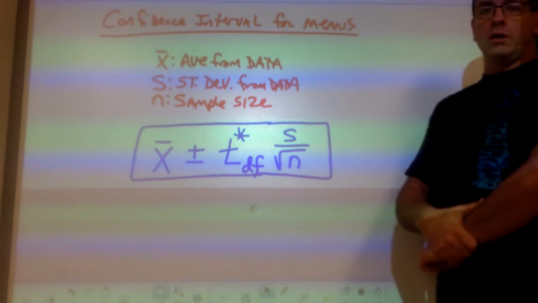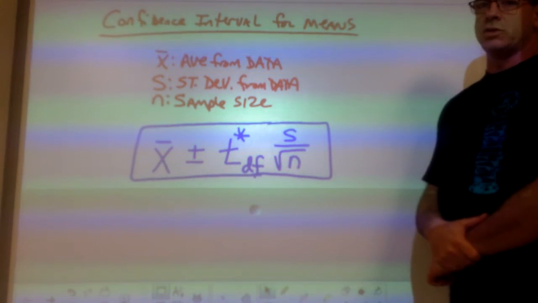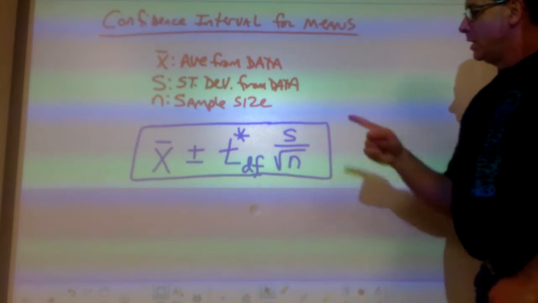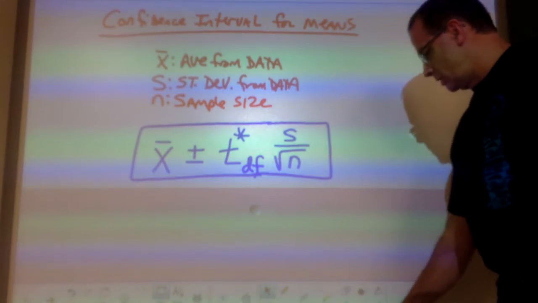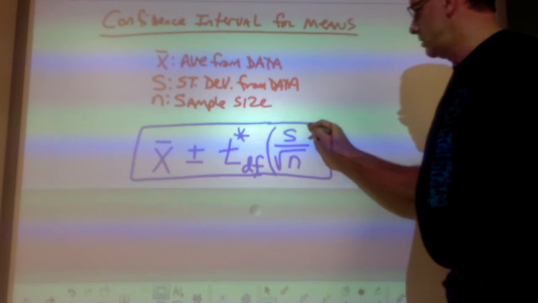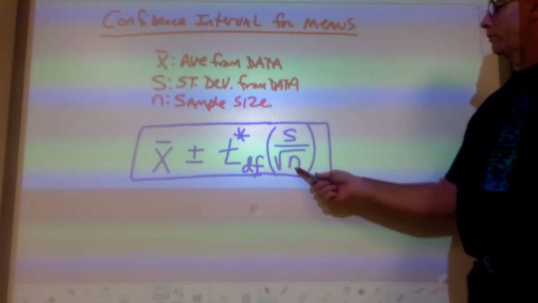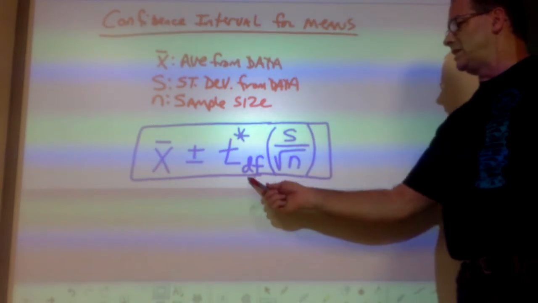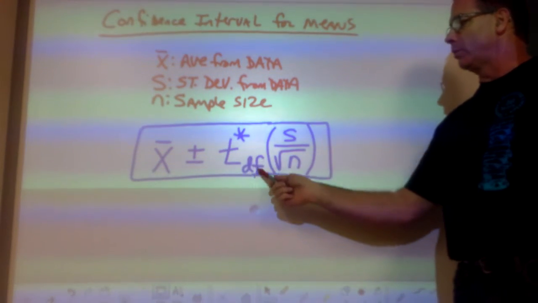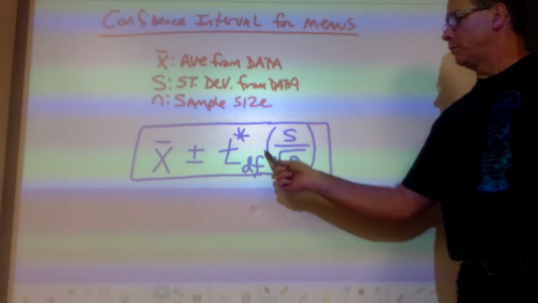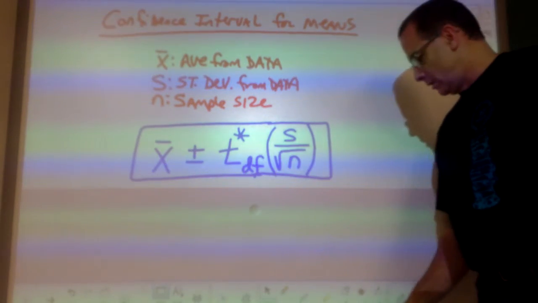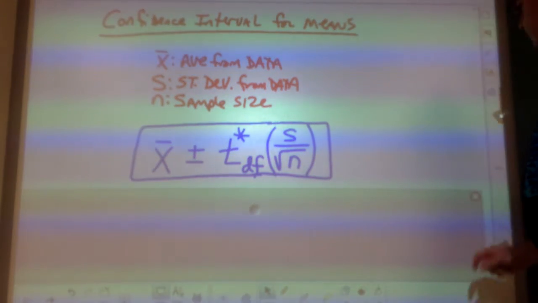It's a different chart. It's actually one that you've been using. I'm just going to show you how to use it differently. And then times s, which is our standard deviation from the data, divided by the square root of our sample size. This t star with a given number of degrees of freedom, we're going to get from the chart that we usually use, that we've been using for proportions.